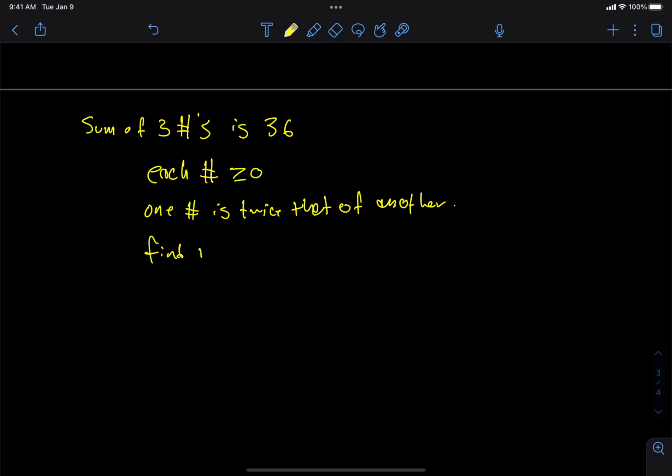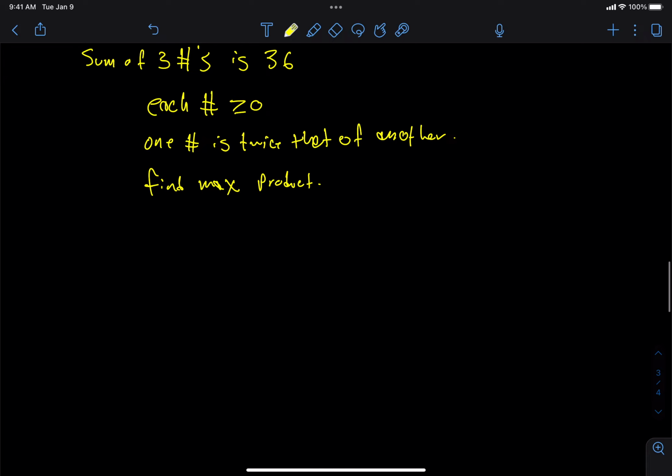Find the maximum product. All right, so this is the basic premise of the problem.